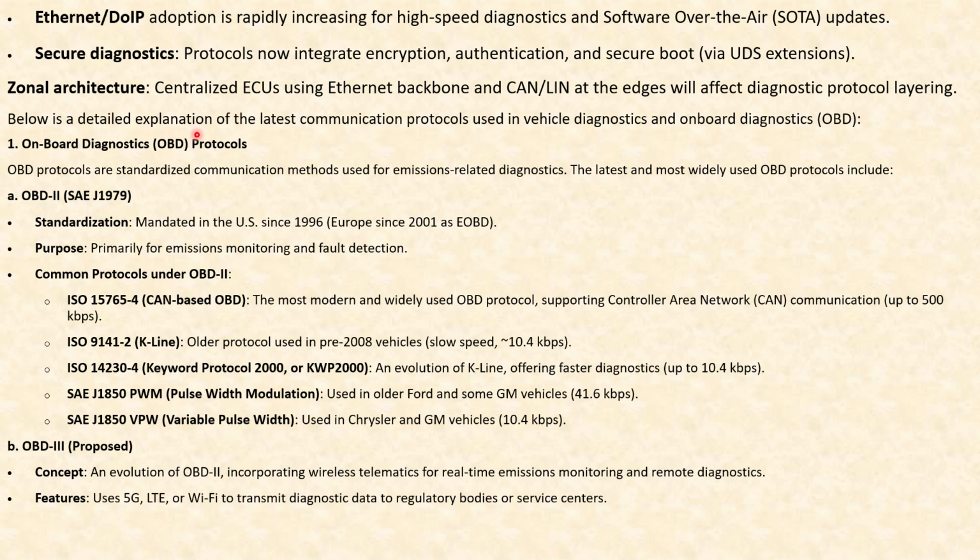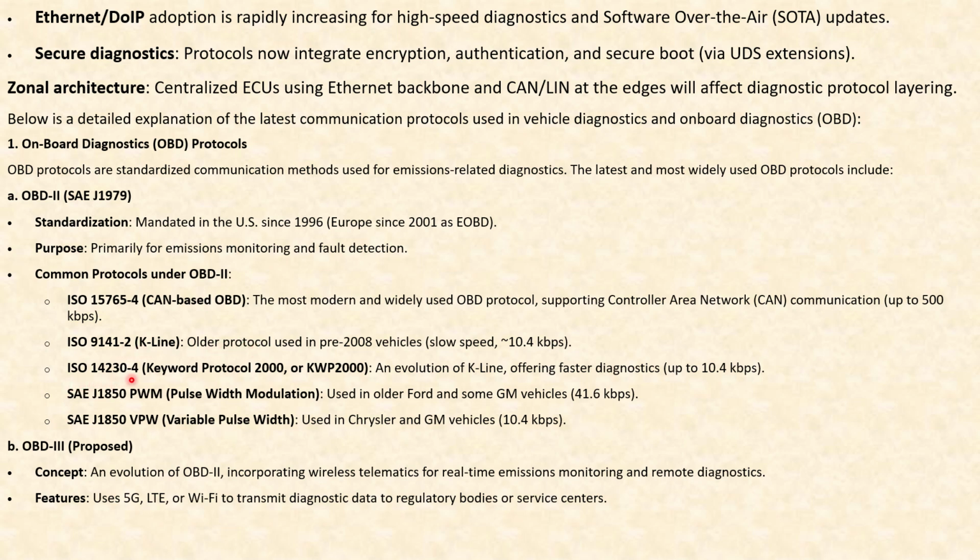Now, below is the detailed explanation of the latest protocols used in vehicle diagnostics and onboard diagnostics. First is OBD-II SAE J1979. This is already well established, and under the heading of OBD-II, these are the various types of protocols. ISO 15765 CAN based OBD. Next is ISO 9141-2, which is an older protocol.